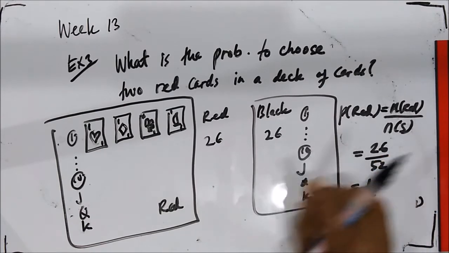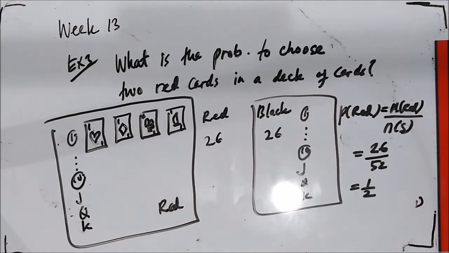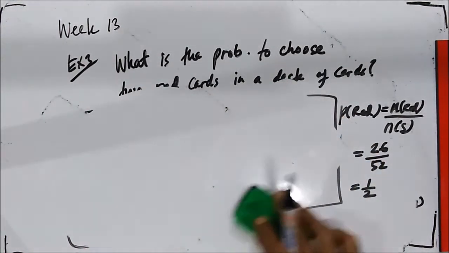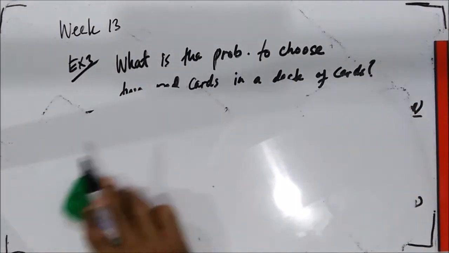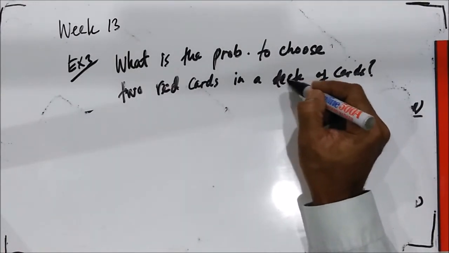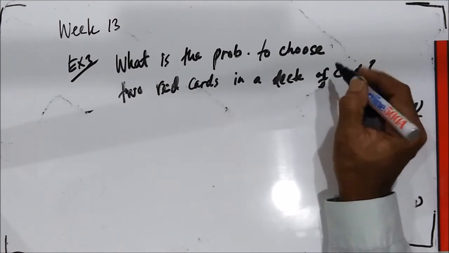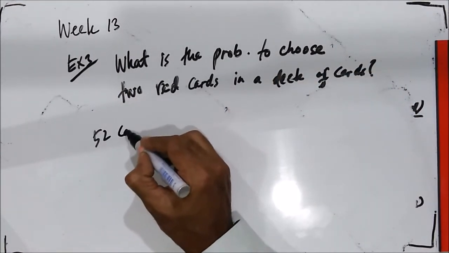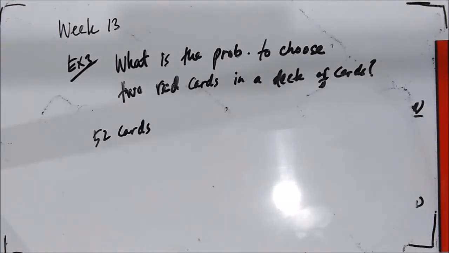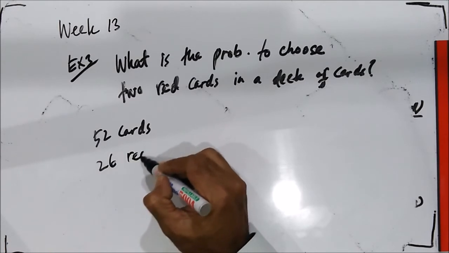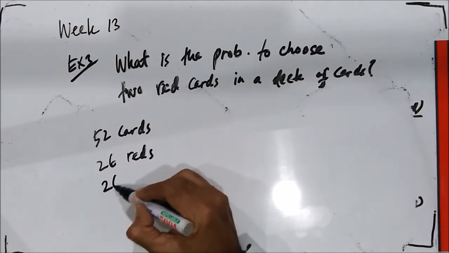So the question here is in a deck of cards we have 52 cards, and there are 26 reds and 26 blacks.